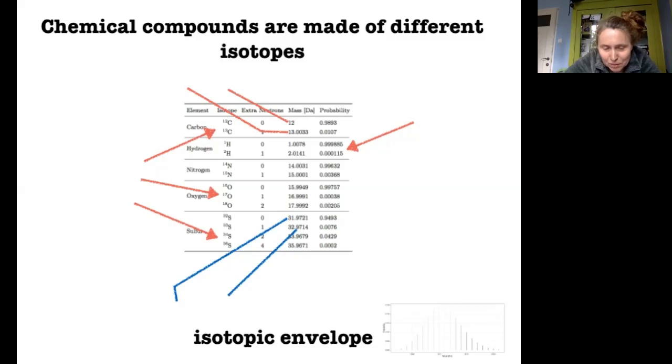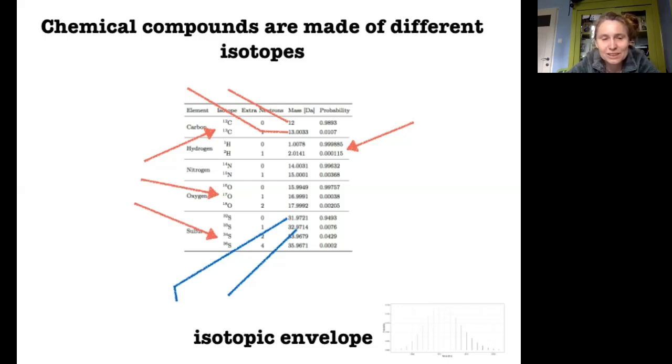At the bottom right corner, you can see an example of a mass spectrum. And even for a single molecule, for a single substance, it looks like a bunch of peaks. It's not a single signal, but a bunch of peaks.